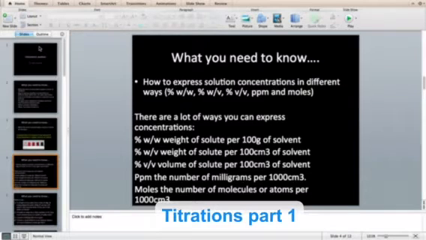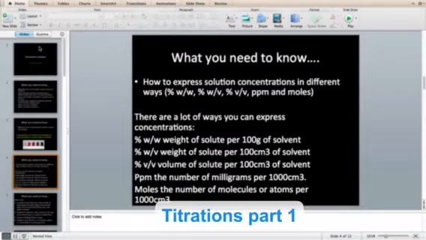So first of all, in this chapter, girls, we talk about the different ways you can express solution concentrations, okay? Now, this obviously depends on the type of material you're talking about. So if you're talking about an environmental value, for example, the amount of pollutant in a lake or a pollutant in the air, you'd always use the ppm to do that. Remember, 1 part per million is the same as 1 milligram per litre, okay?